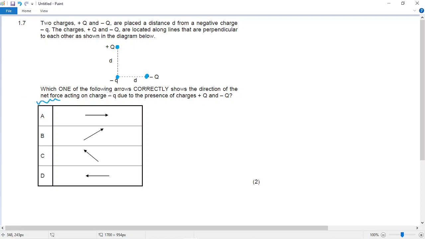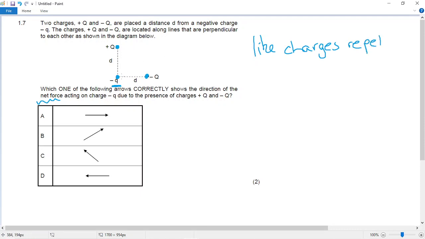Remember, the net force is one force that has the same effect as two or more other forces, acting on negative q due to the presence of big Q and big Q. So we want to know, what does this fellow, little q, want to do? We must always remember that like charges repel.